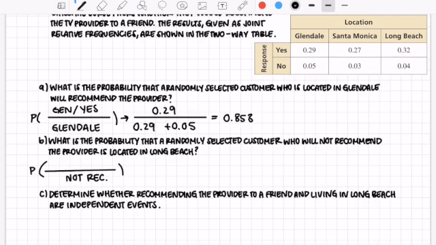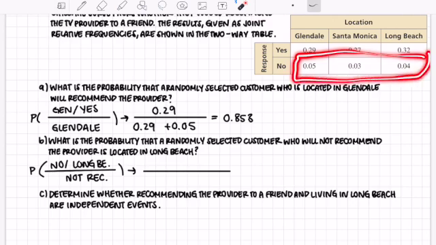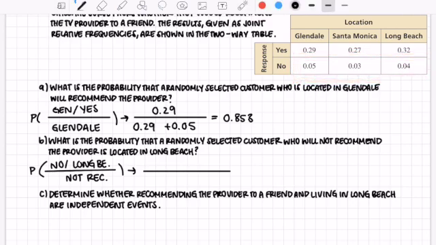And the idea is that it says here, what's the probability that the selected customer will not recommend the provider and is located in Long Beach. So specifically, no, and is in Long Beach. So they get more specific later on. So if I'm going to look for this one again, the no's were 0.05, 0.03, and 0.04.